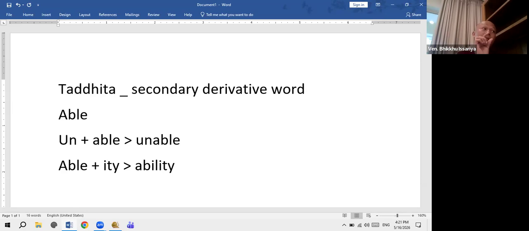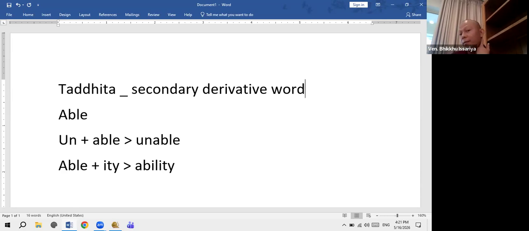From the root word, by adding a suffix. Suffix means the item added to the previous word from the back, like in ability. That one is called Taddhita in Pali terms, but in English, secondary derivative.